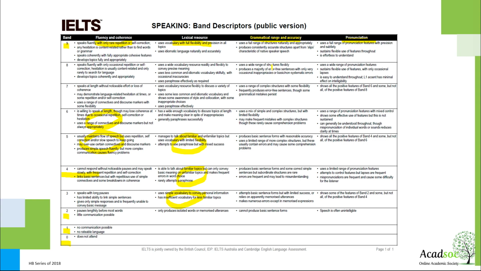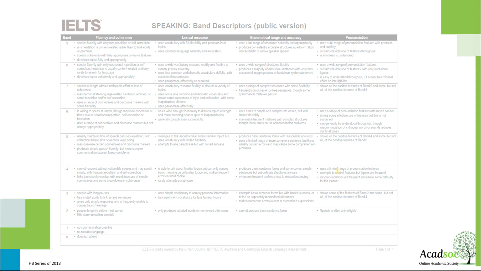Or for grammar, does he use a wide range of grammar that he can be given a score of 6, 7, 8, or even 9? What about the student's pronunciation? Can we not understand him that we can only give him 3 or 4? It depends now on the student's performance.